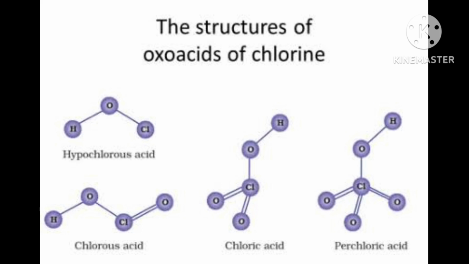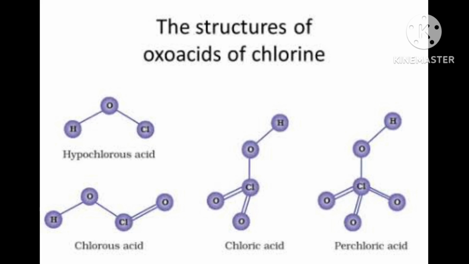Two oxygens make double bonds, and one bond is with another oxygen. That oxygen can make 2 bonds, so the other bond it makes is with H, because it is HOClO2.